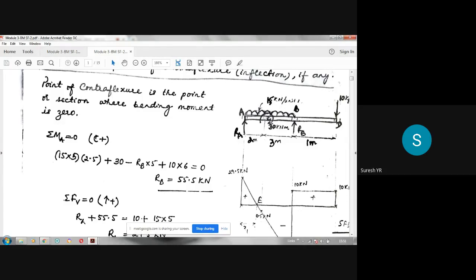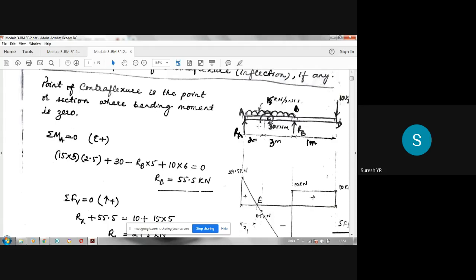Suppose you are given 30 kilonewton meter like this, it is a sagging moment. Sagging means it acts like this. Hogging means it is in the anti-clockwise sense. So you can take this as sagging, or you can think in another way. You can assume an upward force here.